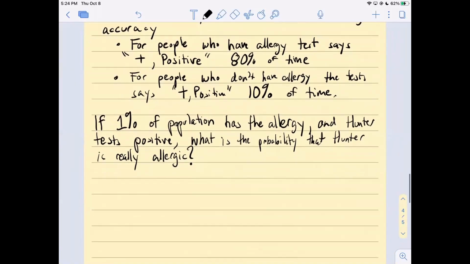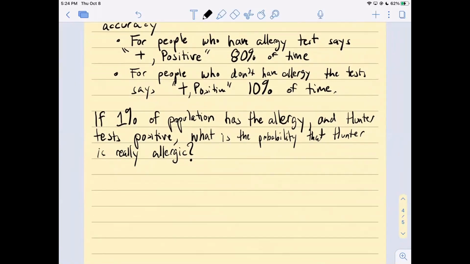So I put if he actually has it and if he doesn't have it as the two branches. Nice. So allergy and no allergy. No allergy, I guess? Yeah, I just put no. Okay, good. With these, be careful with the wording, because with positive, negative, yes, no, it can get a little bit confusing. Okay, and what percentages are there on these branches?